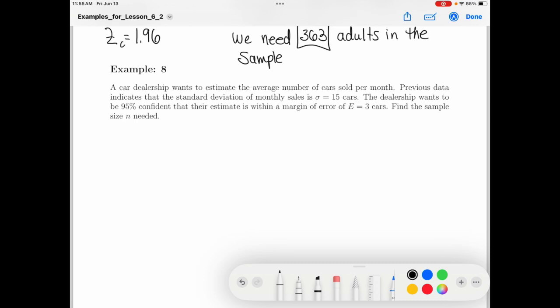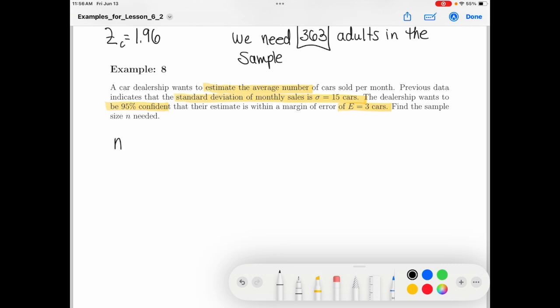Find the sample size needed. So let's look at all the important information. We're estimating the average, so we're going to use the other formula. We have a standard deviation of sigma is equal to 15. We want to be 95% confident, and our error is 3.